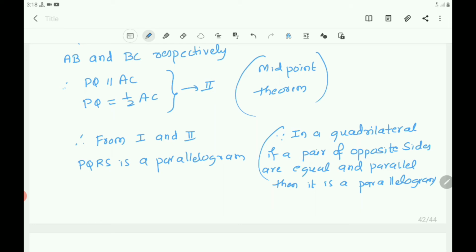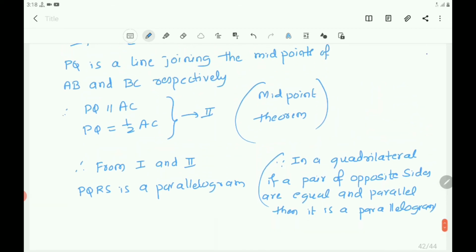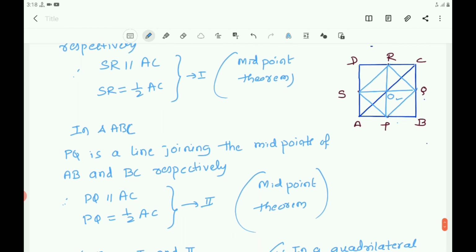In this way, you got that PQRS is a parallelogram, and in a parallelogram, diagonals bisect each other.